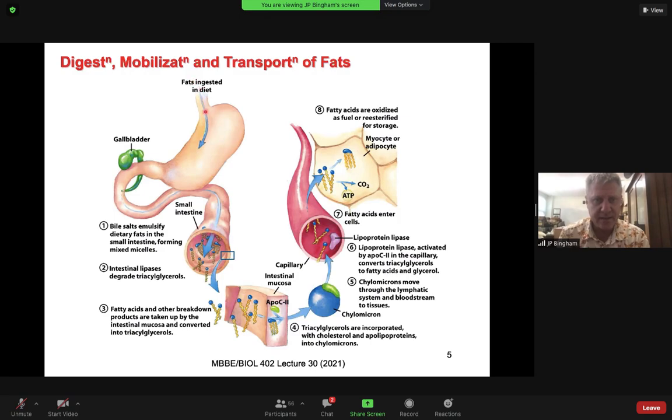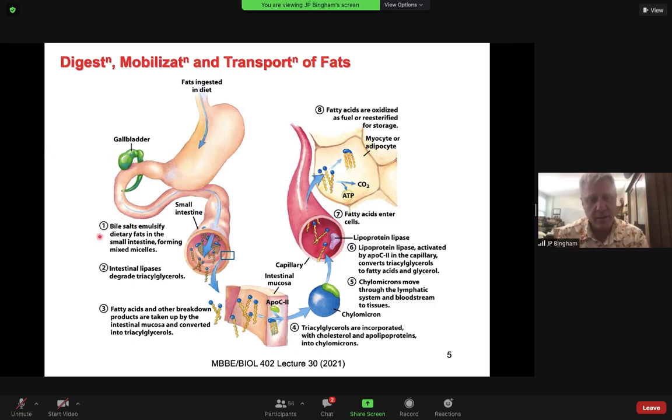So in this case, the fats come in, and we have the gallbladder, which is going to produce particular bile salts. And these are like soaps. They emulsify the fats and produce smaller globules or smaller vesicles or micelles to allow greater access and surface area for enzyme attack.